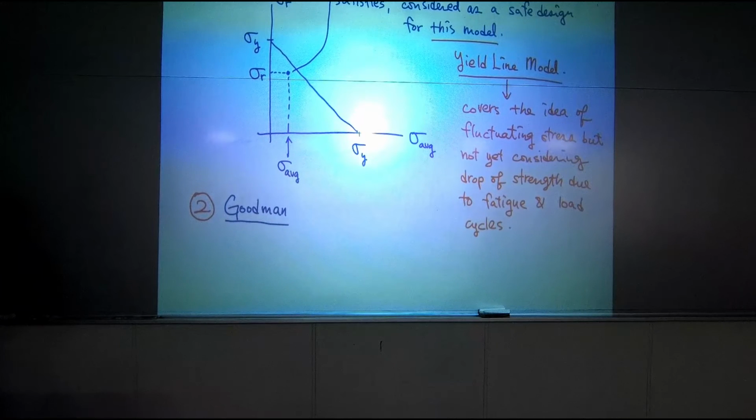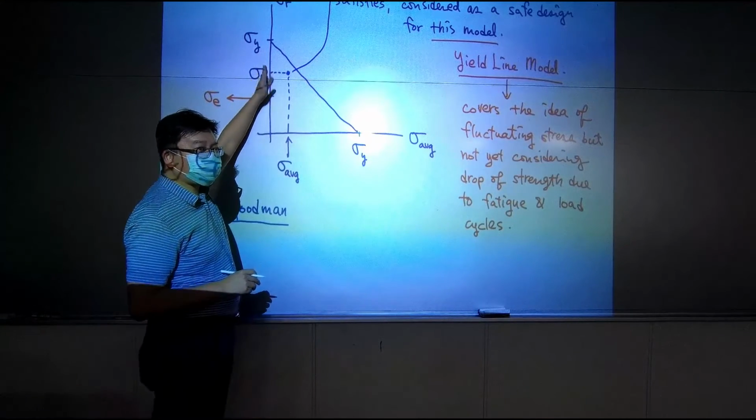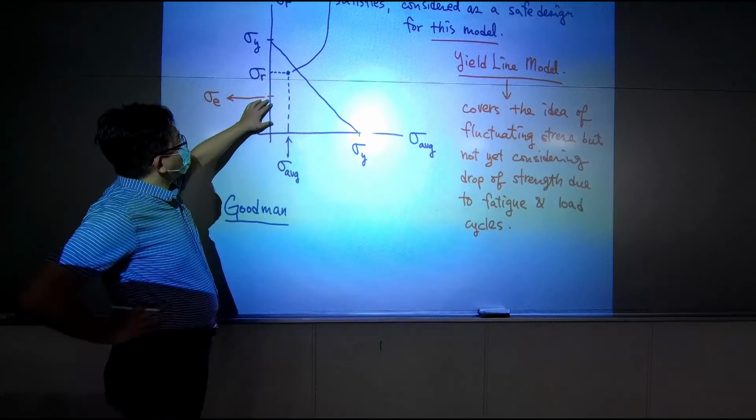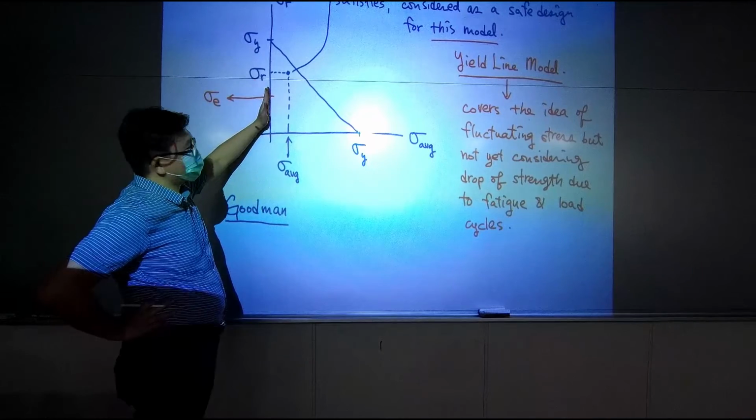So what Goodman did was, when you design, you should worry about the endurance limit along the y direction, the y-axis. How come you worry about the endurance limit on this direction?